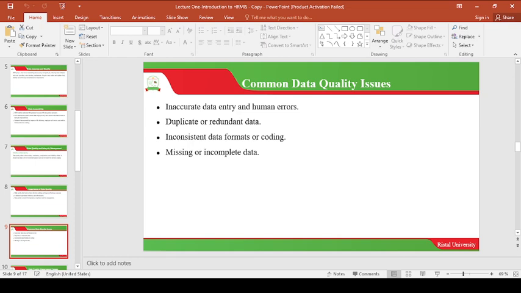Then inconsistent data formats or coding. The data format can be in terms of the font style. Let us assume you are documenting, you are writing it down. If you are using Times New Roman, be consistent with that.